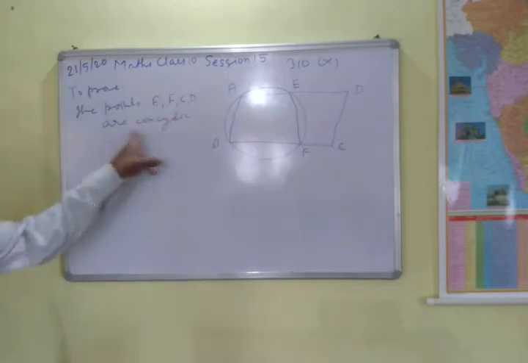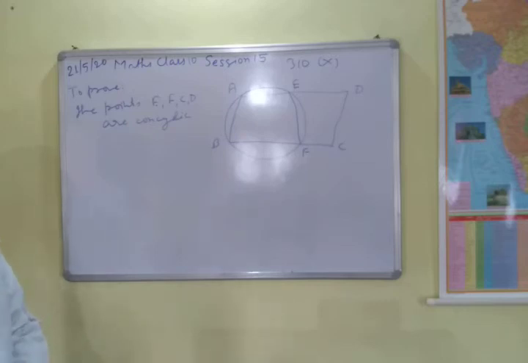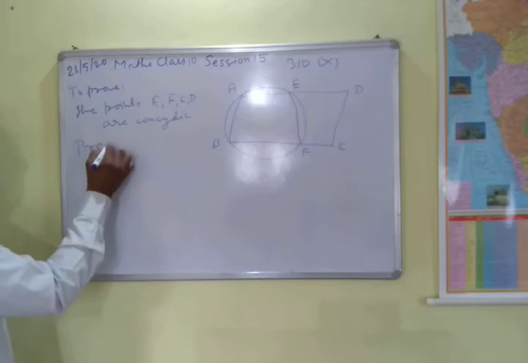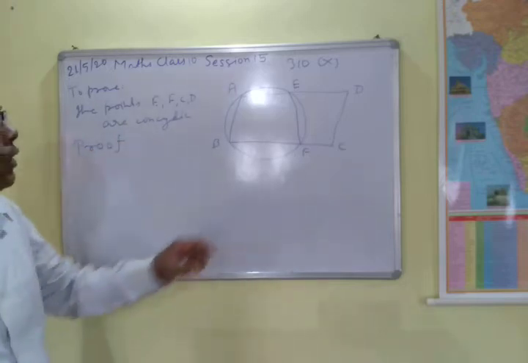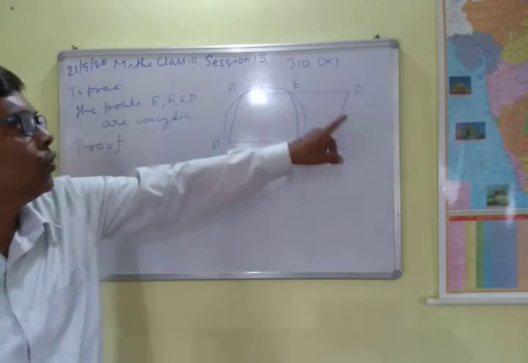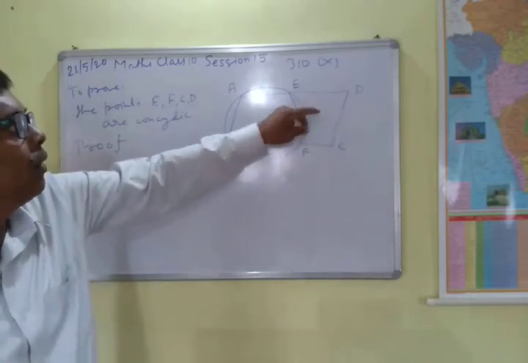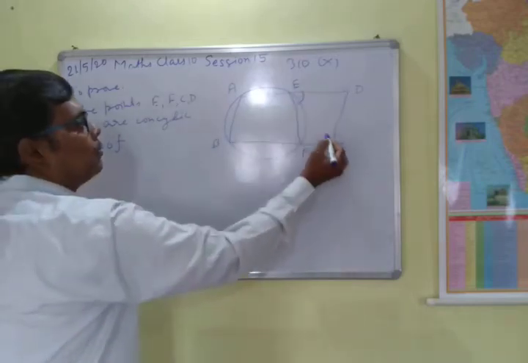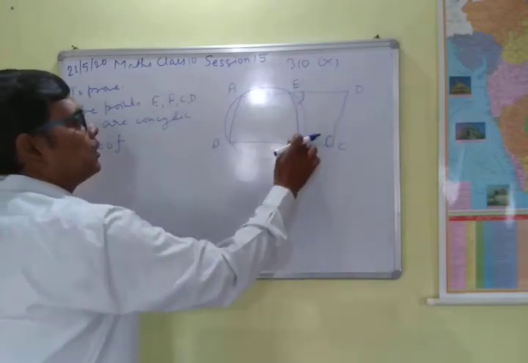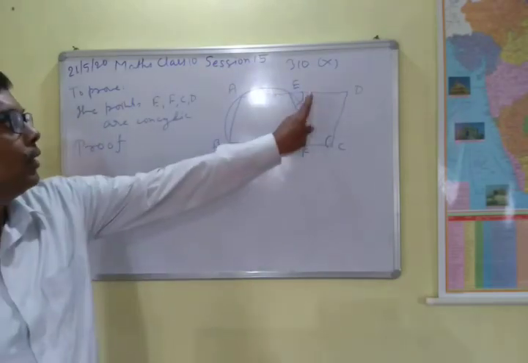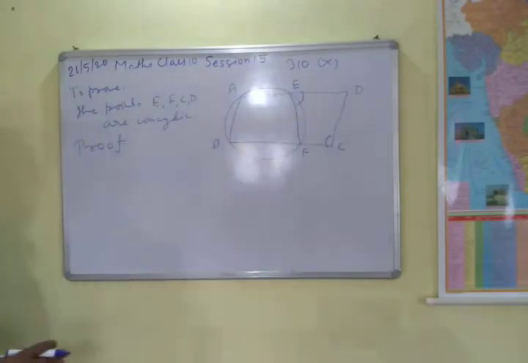Okay, we have to prove that the points E, F, C, D are concyclic, and to prove this, see, if we show that the opposite angles like this angle plus this angle is 180, or this angle plus this angle is 180, then it is proved. So our task is to prove that this plus this is equal to 180.